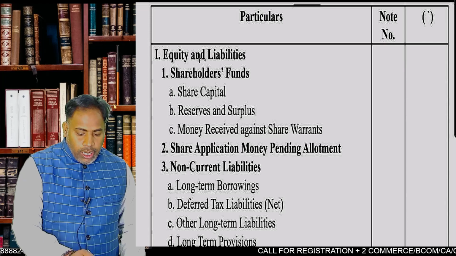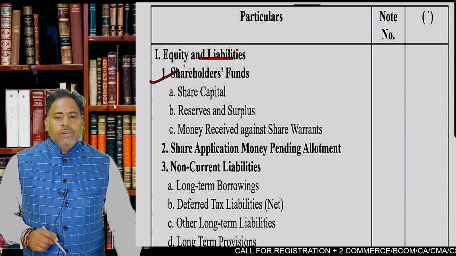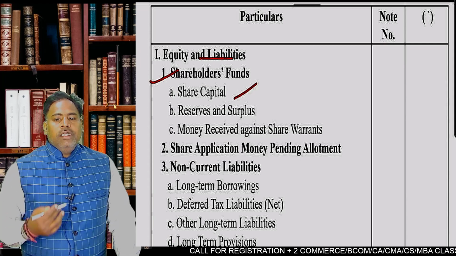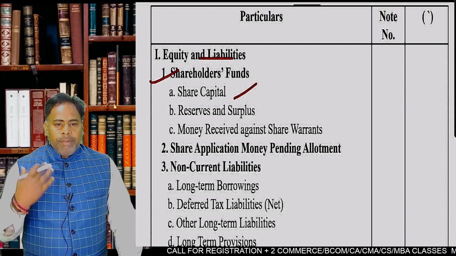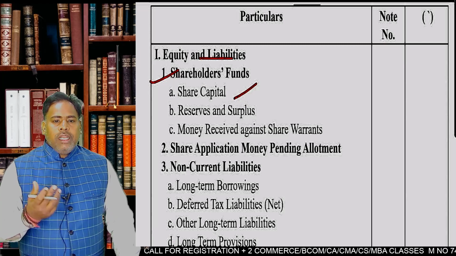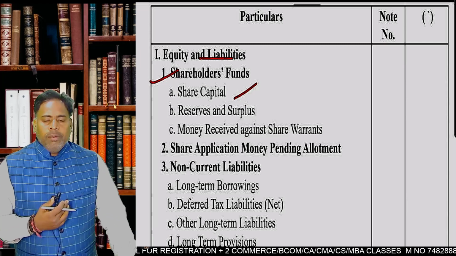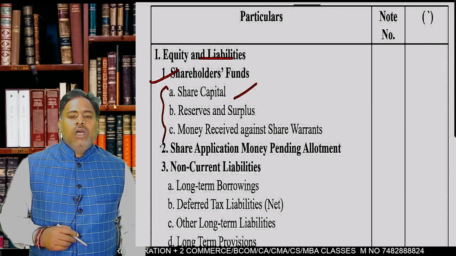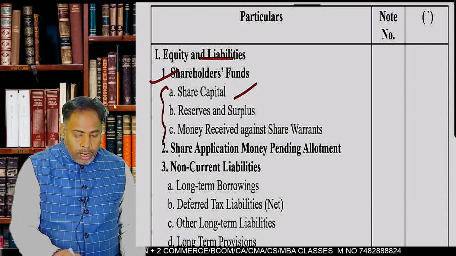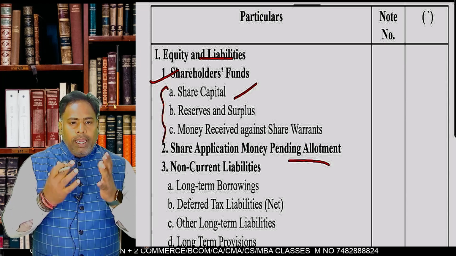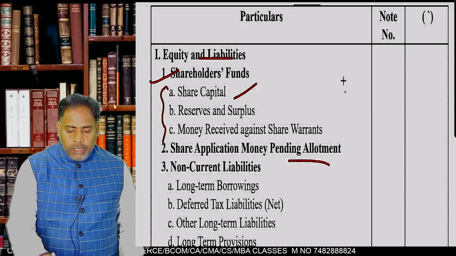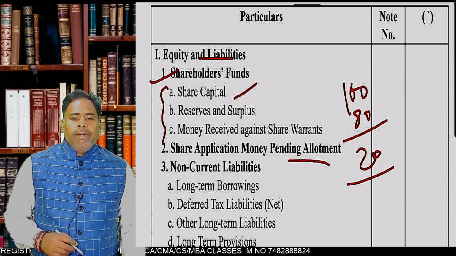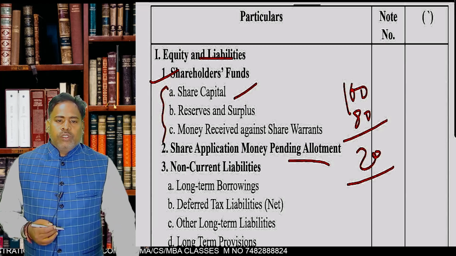Shareholders' funds include share capital, reserves and surplus, and money received against share warrants. A company sometimes issues warrants, which are just like a debt instrument issued by the company. All these are known as shareholders' funds. Then there is share application money pending allotment. If a share is of 100 rupees and you received 80 rupees, with 20 rupees pending, that amount has to be disclosed.